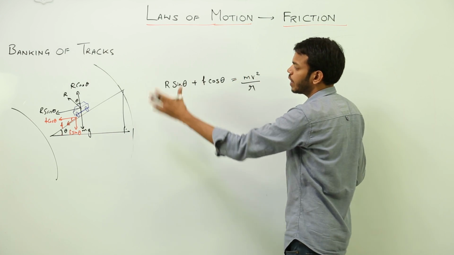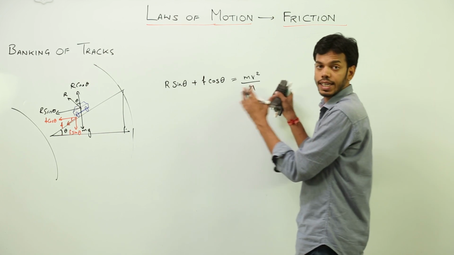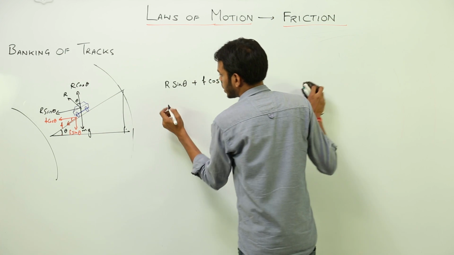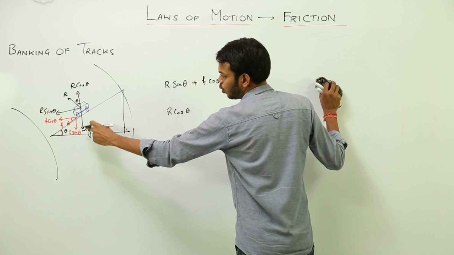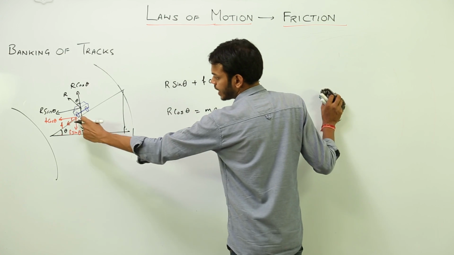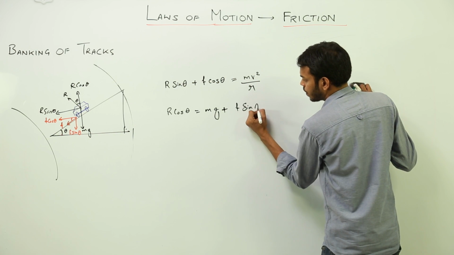Now a component of the reaction force as well as the frictional force are taking part together to provide the necessary centripetal force. Also, this force R cos theta is balanced by two forces. One is the weight and the other one is the vertical component of frictional force, that is F sin theta, right?